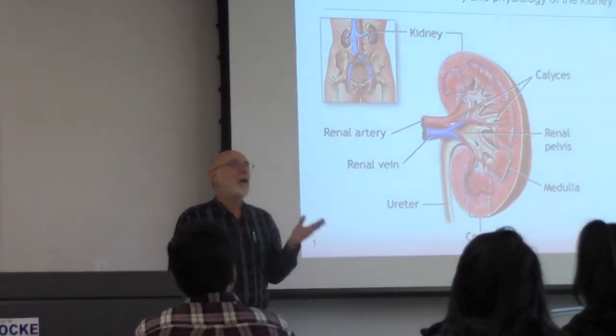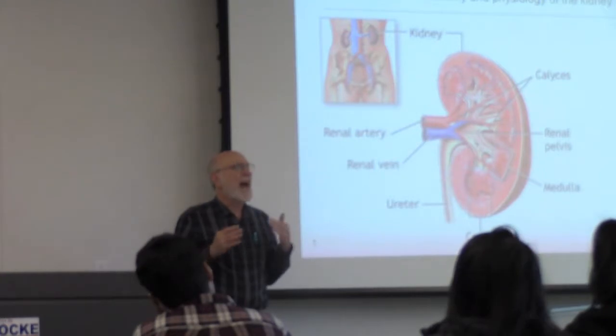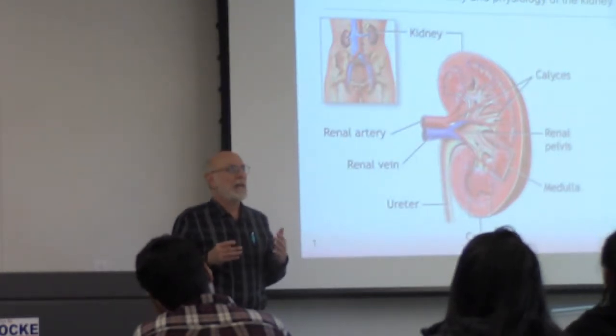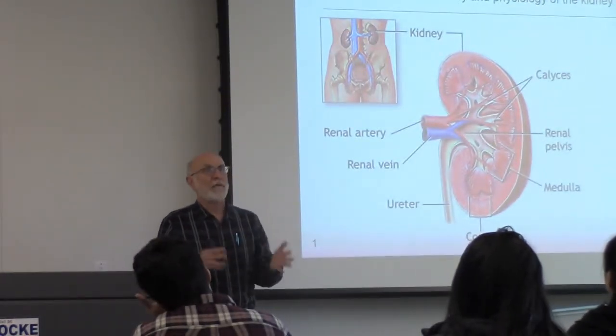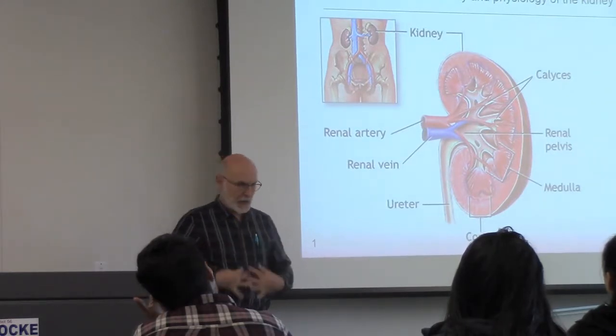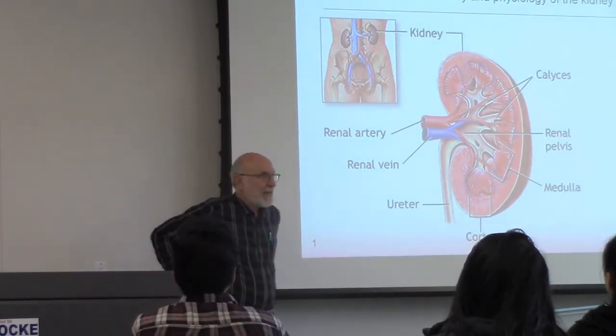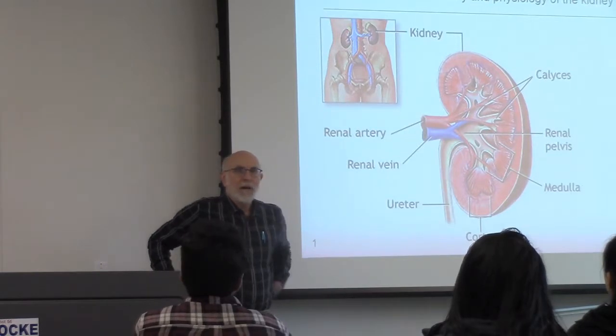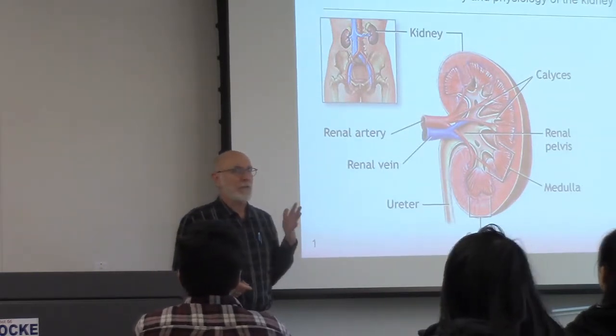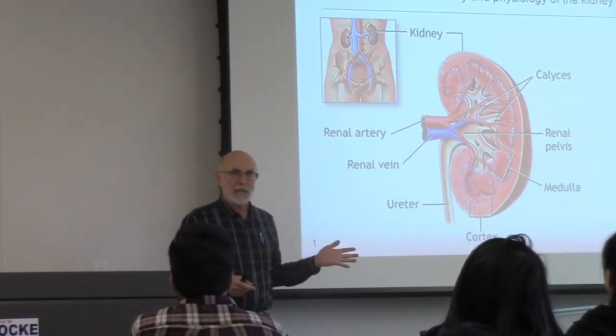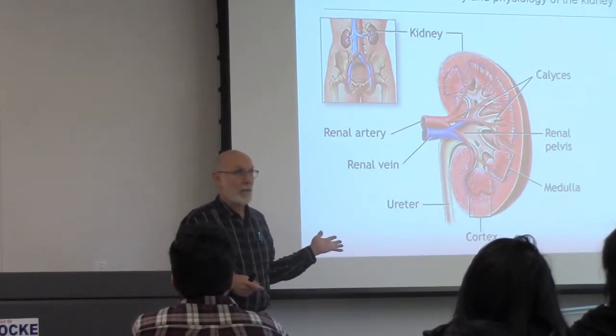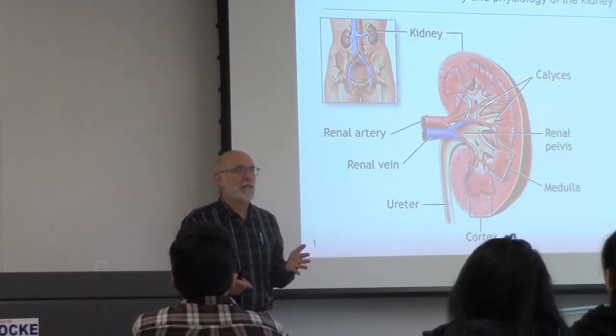And let me also be clear that from an anatomy perspective, it would make sense to do the digestive tract before we do the kidneys because the digestive tract is anterior and the kidneys are posterior. But from a physiological perspective, it makes way more sense to do the kidneys now from the respiratory system and then go to the digestive tract.